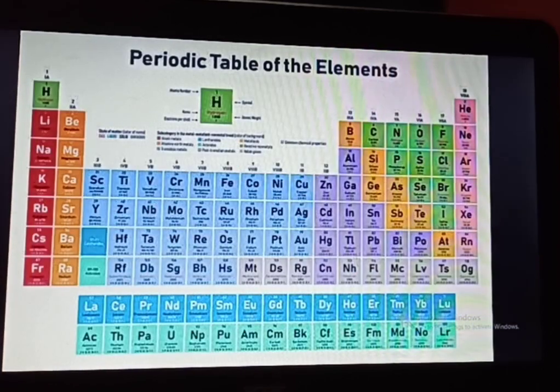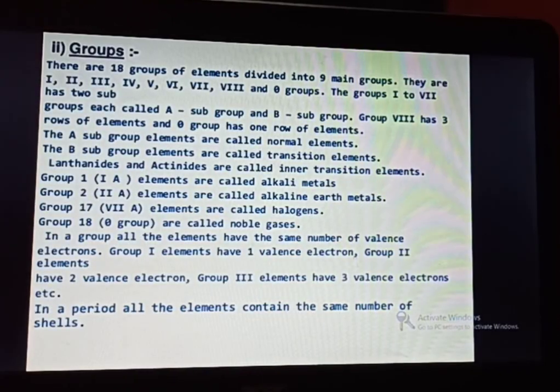Now we will discuss groups. So there are 18 groups of elements divided into 9 main groups. They are 1, 2, 3, 4, 5, 6, 7, 8 and 0 groups. The group 1 to 7 has 2 subgroups, each called A subgroup and B subgroup.